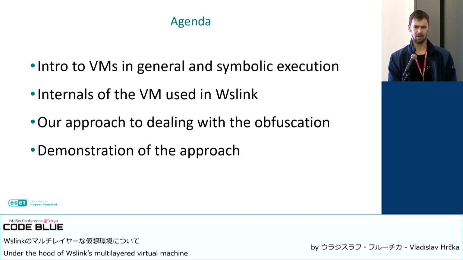After that, we'll cover internals of the VM used in Wslink, and after that explain our approach to deal with the obfuscation, and finally demonstrate it on a piece of bytecode to prove that it works. I'll also mention that after starting our analysis, we discovered a sample that is not obfuscated, so we weren't motivated to fully deobfuscate the sample, and we'll present it just on a piece of bytecode.